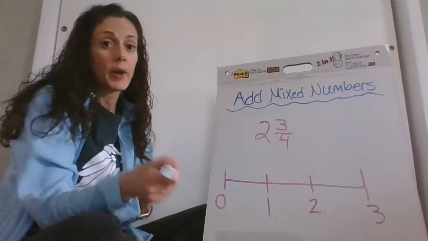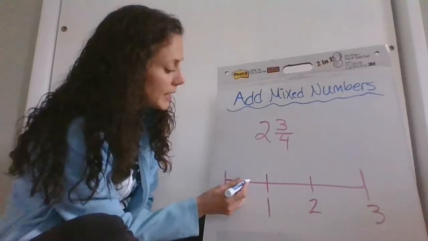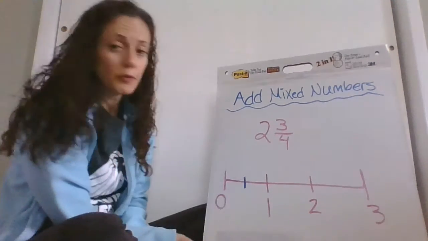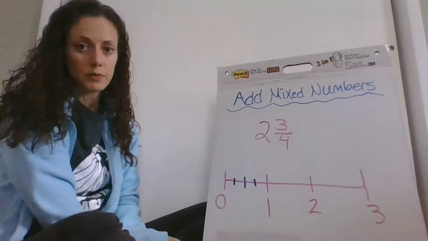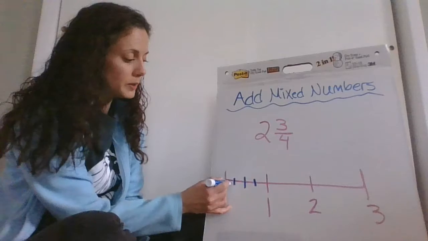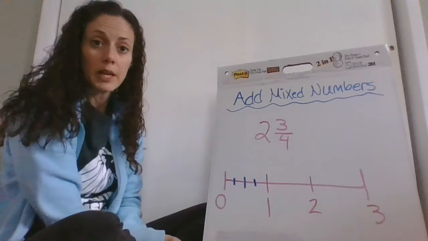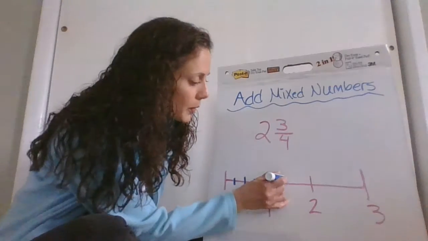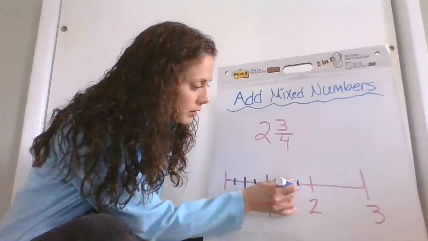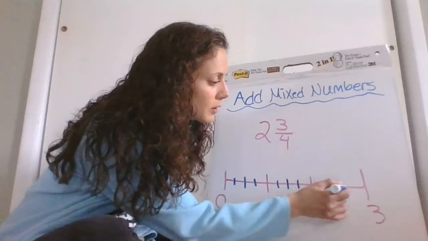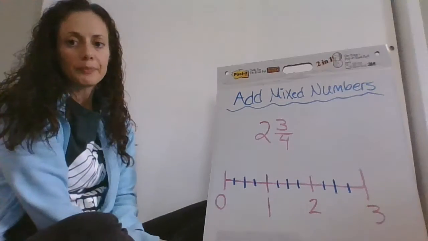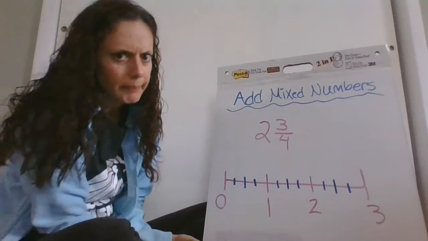I'll show that by splitting each part in half first, and then splitting those parts in half. So we have fourths, 1, 2, 3, 4 equal parts. I'll do the same between 1 and 2, and between 2 and 3. I know it's not perfect, sorry.